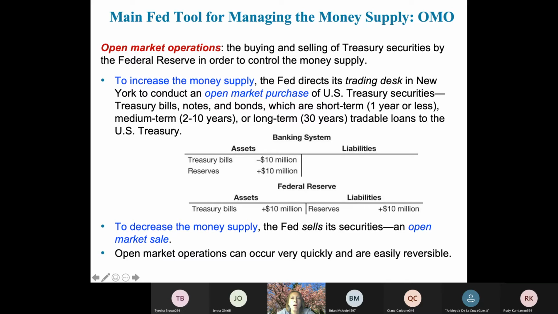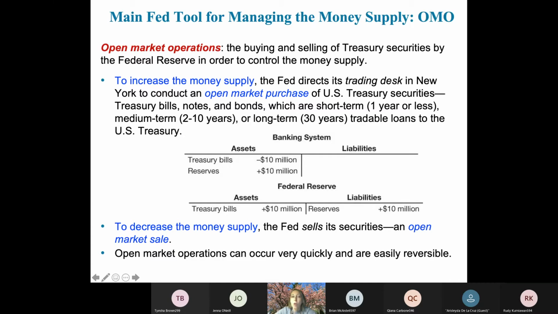So they are open market purchases. They're a trading desk. They go out and buy some treasury bonds from banks. Banks are holding treasury bonds, and so they're offering a slightly higher price for the treasury bonds, and the banks are like, yay, we're gonna sell. Of course, the price is really good today.